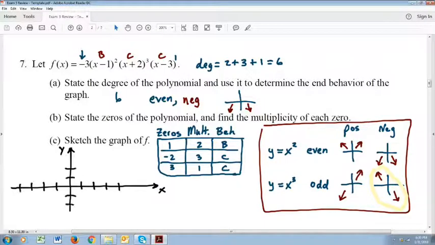Alright, so let's do the sketch here. So again, wherever we have zeros, that's where our x-intercepts are going to be. So 1, 0, negative 2, 0, and 3, 0. On the end behavior, it's going to fall on both ends, and I have that backwards, so let me fix that.